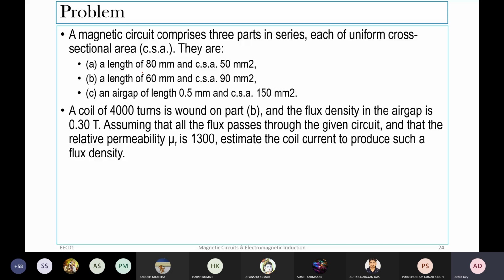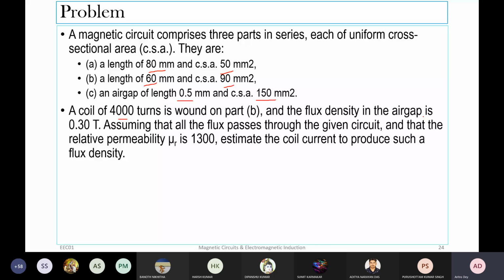This is your series circuit. Now a coil of 400 turns is wound on part B, and the flux density in the air gap is given, which is 0.3 Tesla. Assuming that all flux passes through the given circuit and that the relative permeability of the material mu r is given, we have to estimate the coil current to produce such a flux density. How much current will be flowing through that coil so that we can get an air gap flux density of 0.3?